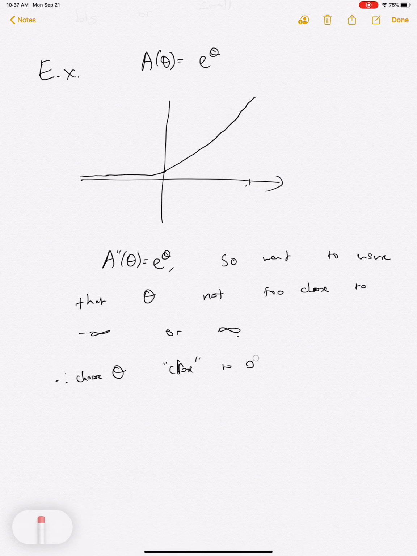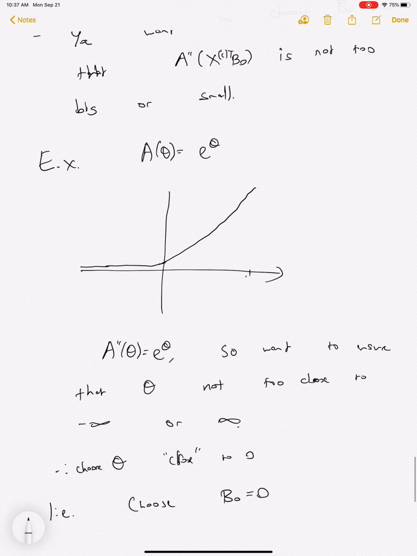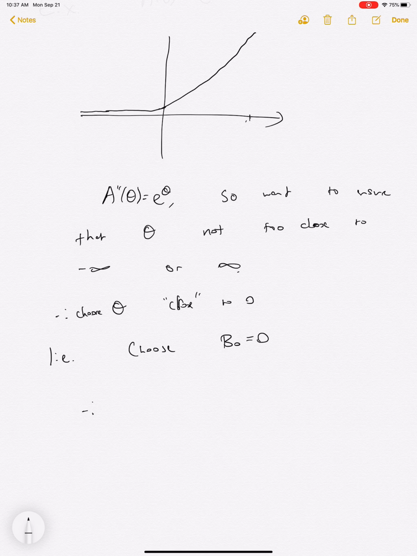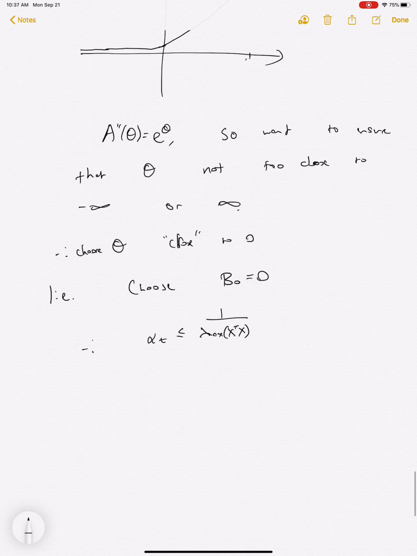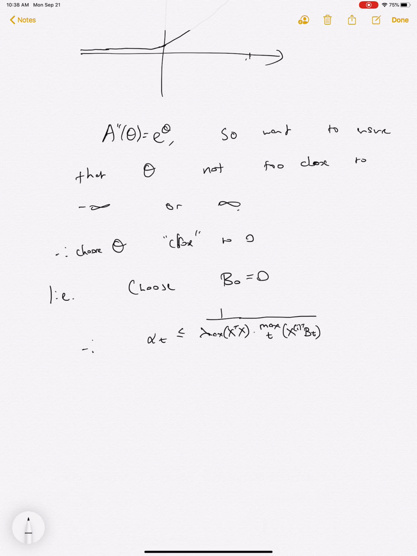And so the way I would recommend doing that in this case, and what might be useful in your homework, is that if we choose B0 equal to 0, then xi transpose B0 is 0, and then you can choose that alpha t has to be less than 1 over, and then maybe set that maximum to be, I don't know, maybe 5 or 10 to be safe.